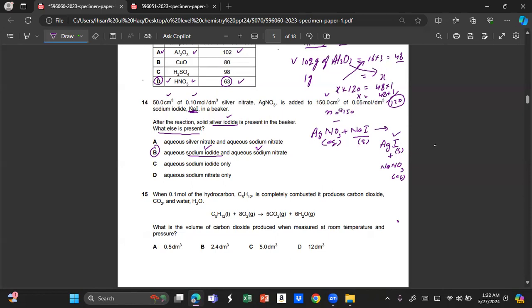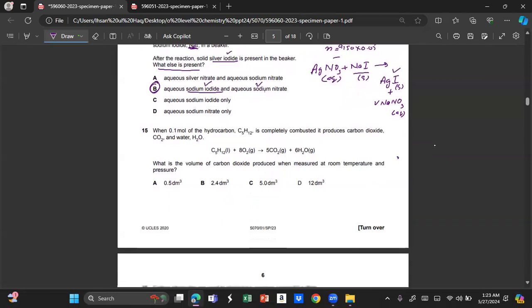The volume should be in dm cube times 0.05. Same as the case of AgNO3. So you will come to know that sodium iodide will be in excess. So one is sodium iodide, which is left. The other will be sodium nitrate, so option B is correct: aqueous sodium iodide and aqueous sodium nitrate.